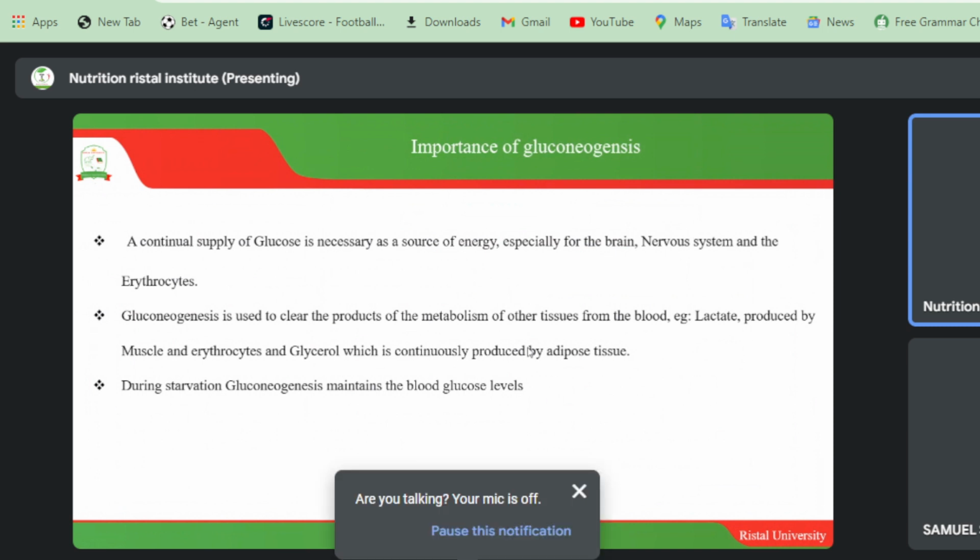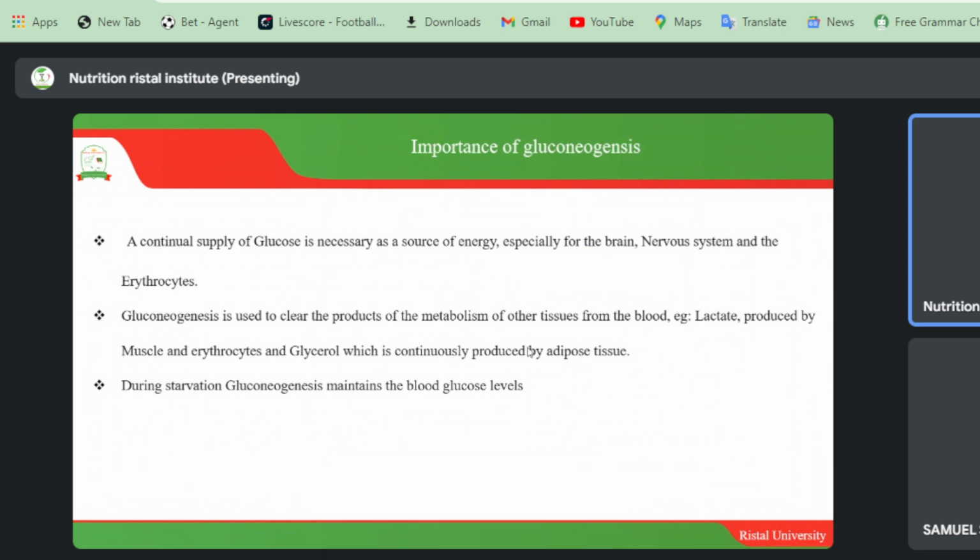So just in case your body stores get down, the energy stores are really low, and glucose levels have gone low, your body can tap into this and supply energy for all these body systems, such as the brain, the nervous system, the erythrocytes.